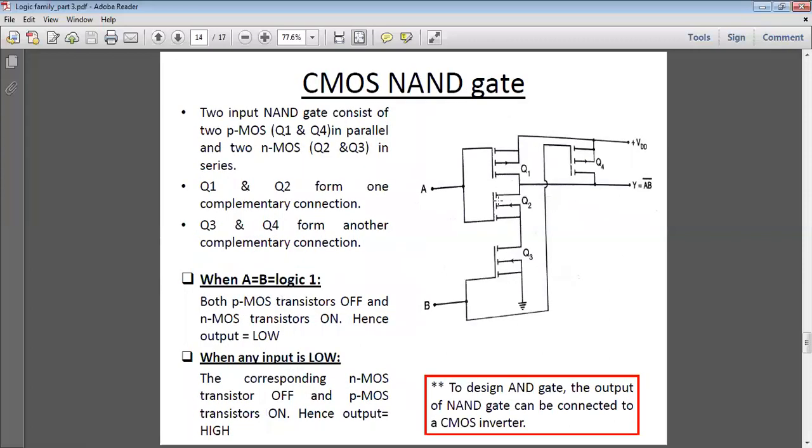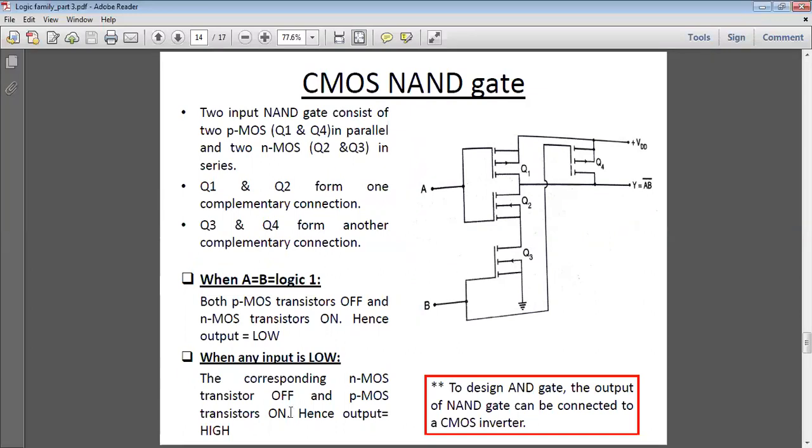CMOS NAND gate. Here the circuit is a 2 input NAND gate consisting of two PMOS, Q1 and Q4, connected in parallel, and Q2 and Q3, NMOS, connected in series. Here Q1 and Q2 form one complementary pair, and Q3 and Q4 form another complementary connection.